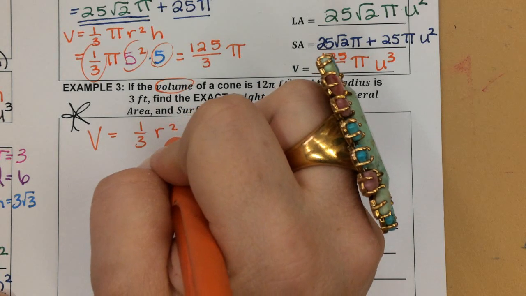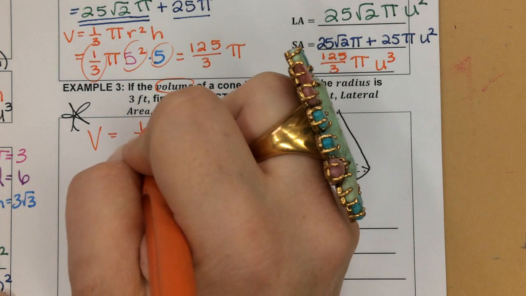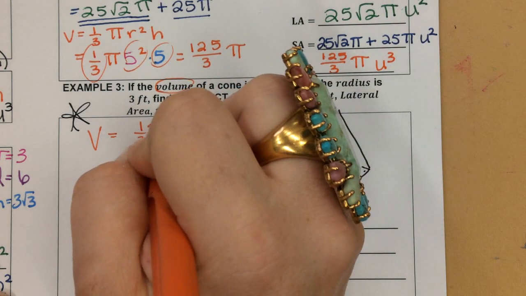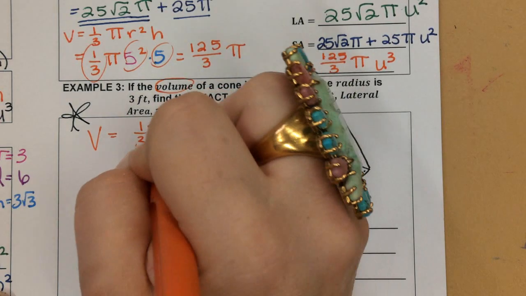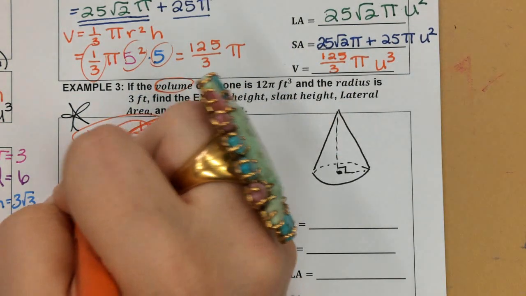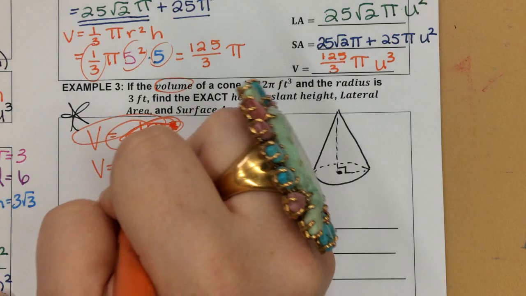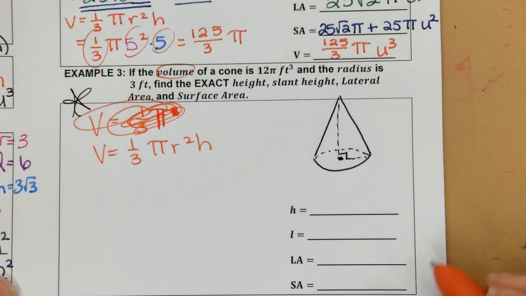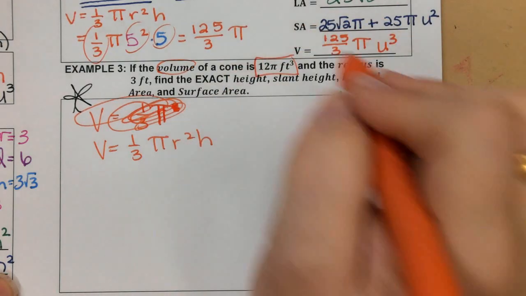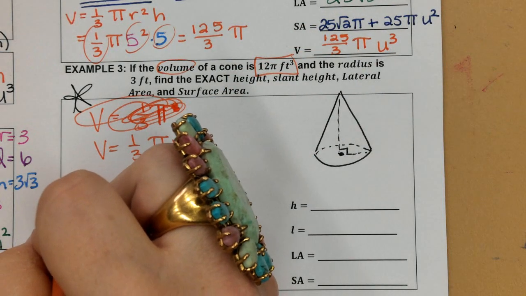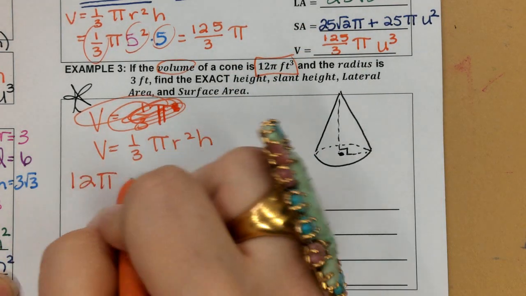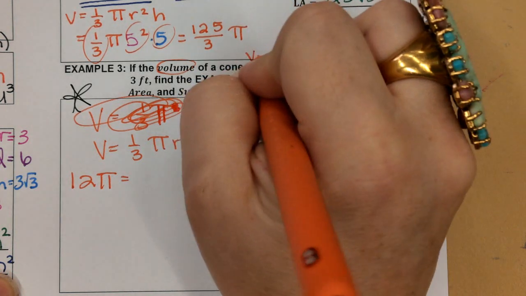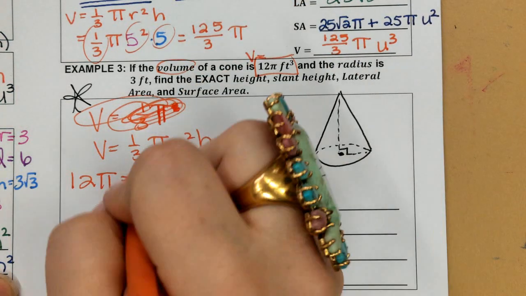1/3. And I forgot my pi in here. Pi. Oh my gosh, let's just rewrite it. Volume 1/3 pi r squared h. So if volume is given, I am substituting that out for my V, for the volume.